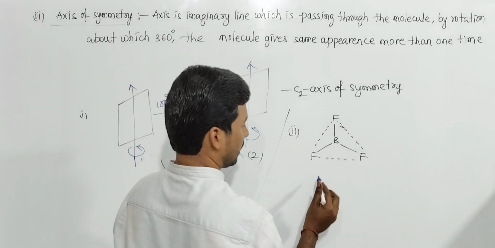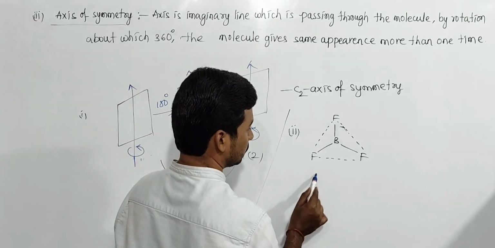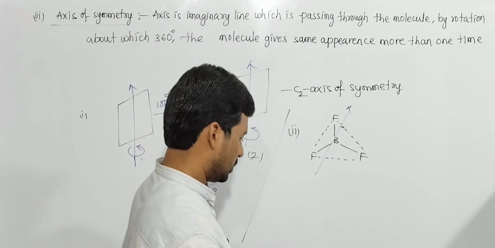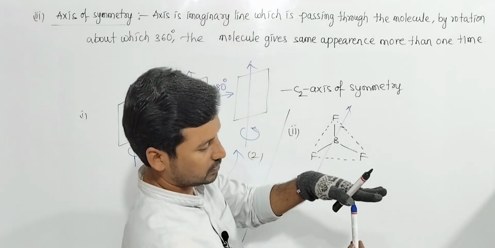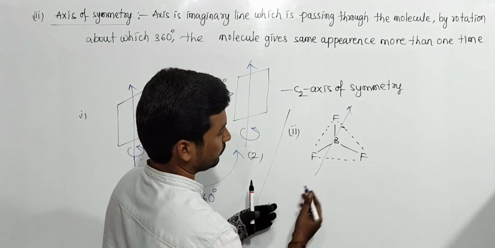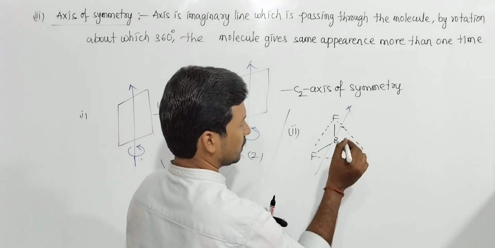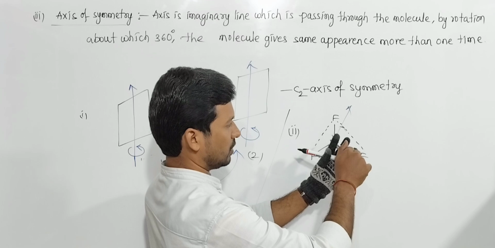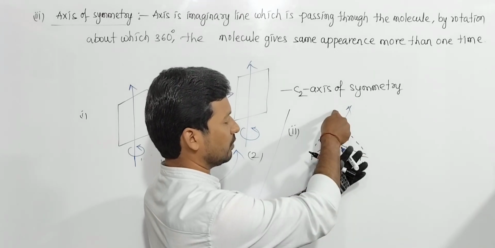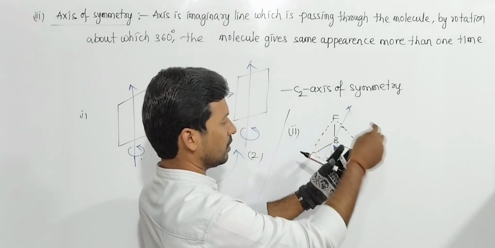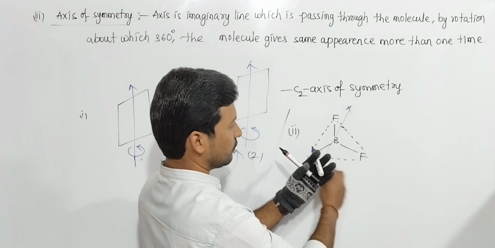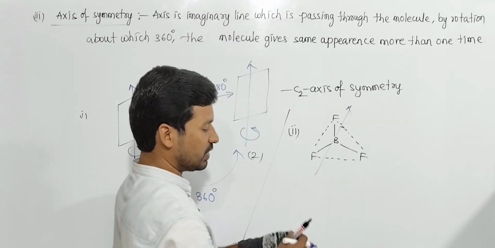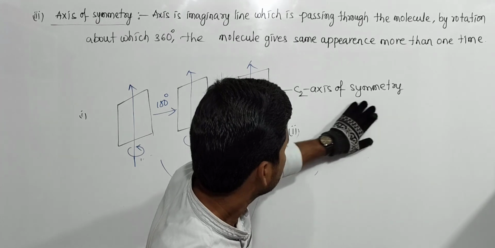If I pass an imaginary line through boron, by rotation of 120 degrees this fluorine comes here, by another 120 this fluorine comes here. In 360 degrees, 3 times it will give the same appearance.